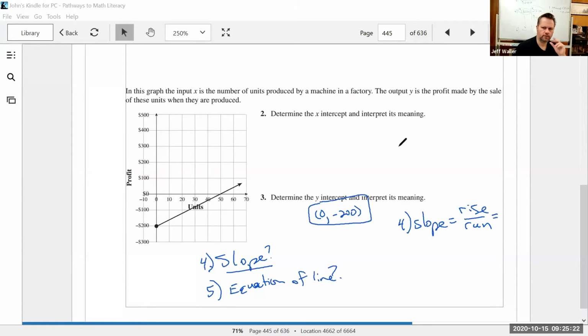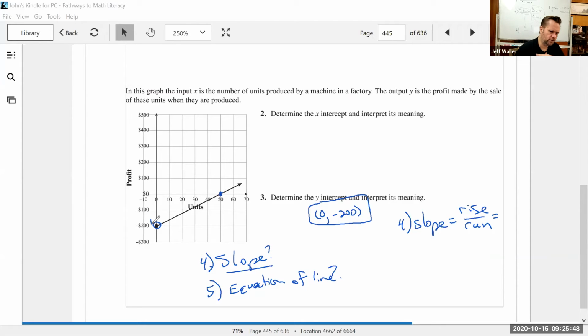All right. So how did somebody that I haven't heard from yet, how did you figure out the slope? Anybody else? Can you identify 2 points on the line that you know for sure? I know this for sure, and I know this for sure.